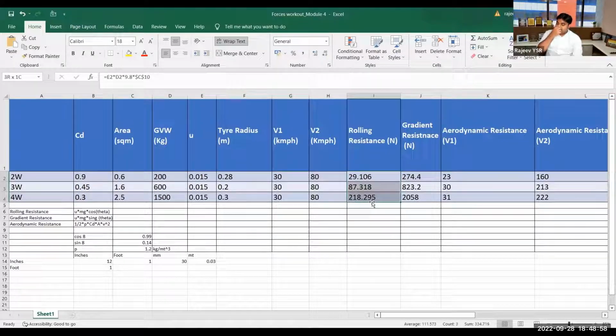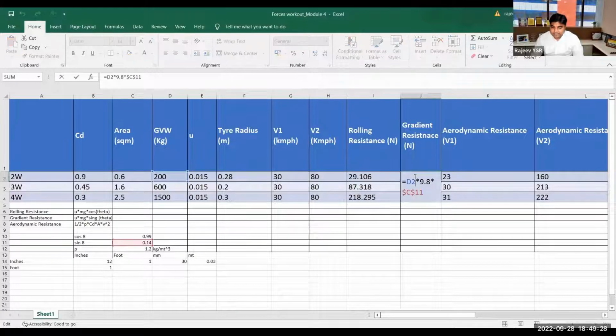Now, gradient resistance. One second. The rolling resistance is mu mg cos theta, and the gradient resistance is only mg sine theta. It is not mu mg sine theta.